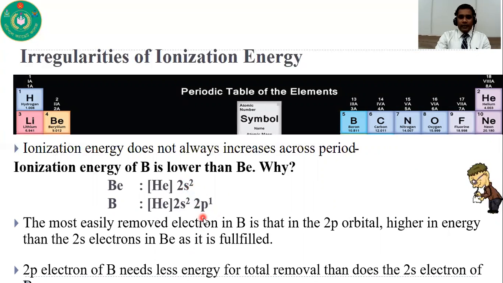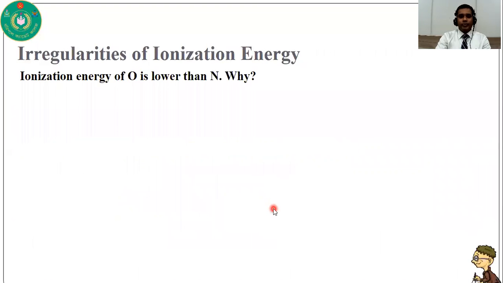And it is very difficult to remove an electron from a fully filled orbital. As you see, the s orbital is fully filled, so it is very difficult to remove 1 electron from beryllium, but it is easy to remove 1 electron from the 2p orbital. That's why the ionization energy of boron is less than beryllium.